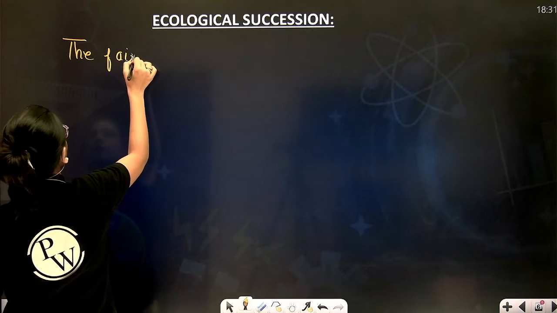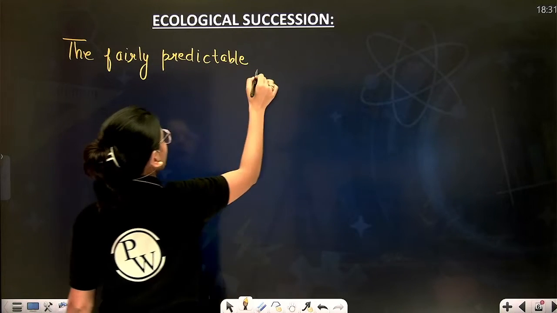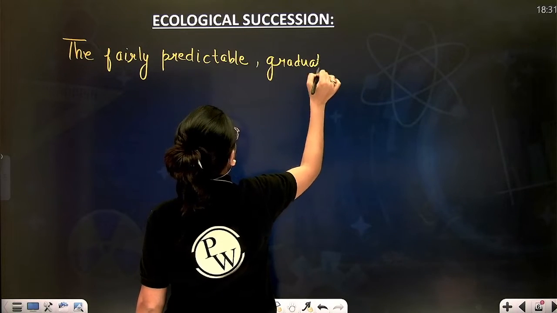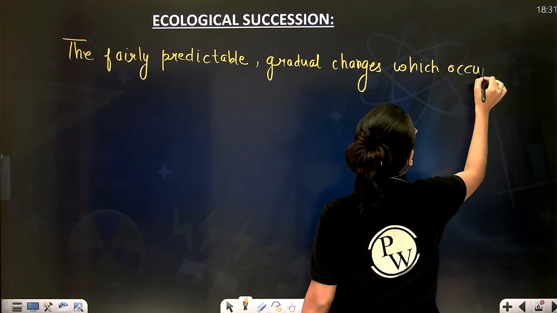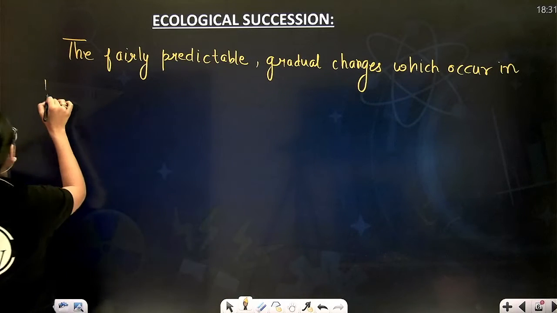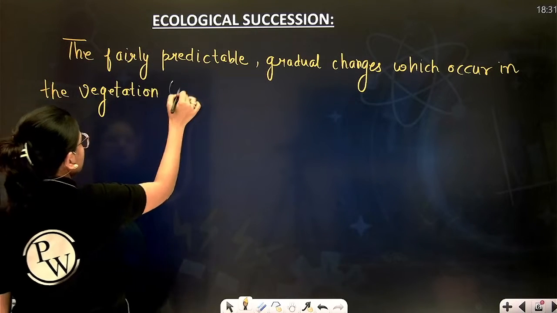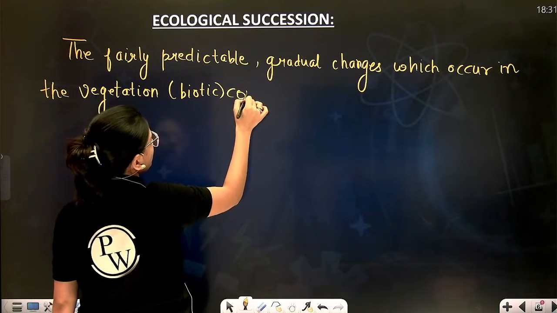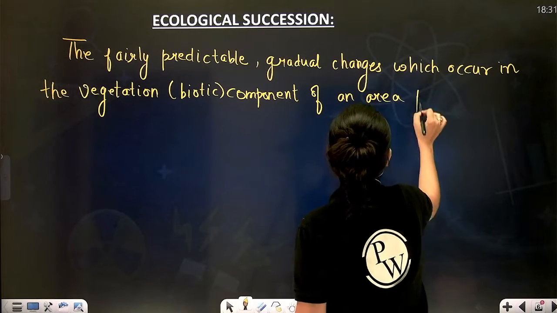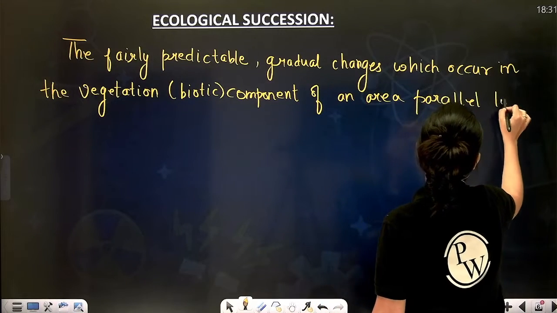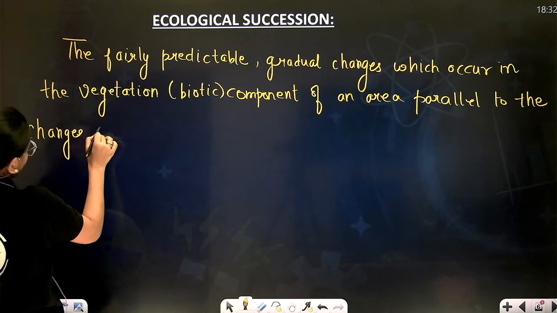The fairly predictable, gradual changes which occur in the vegetation, simply means which occur in the biotic component of an area, parallel to the changes occurring in the abiotic component.